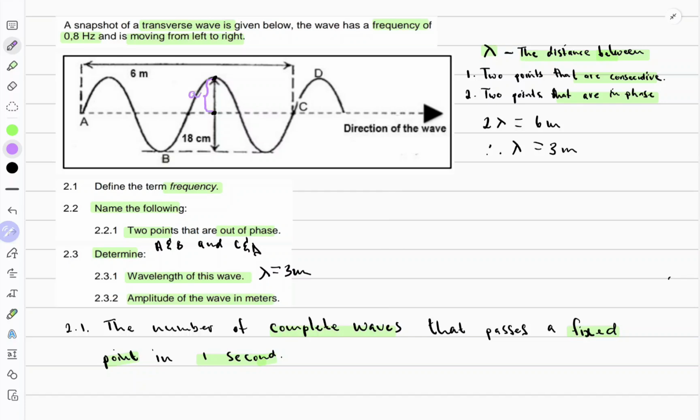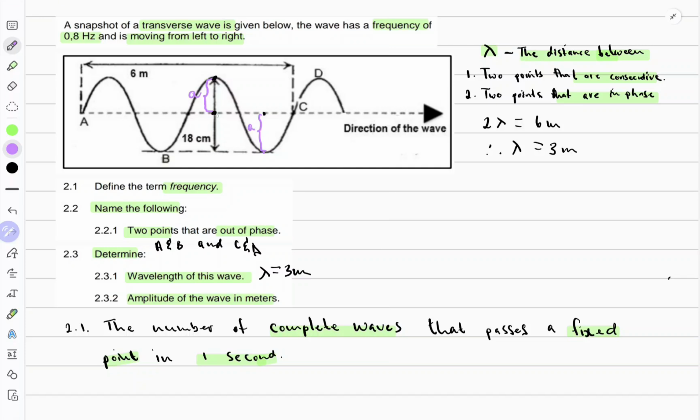So this becomes your amplitude. So we're not directly given the amplitude, but if you consider another point on the equilibrium, the maximum distance from that equilibrium again to the trough would constitute another amplitude.